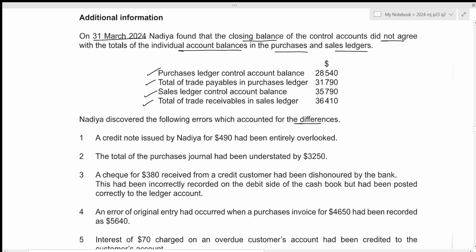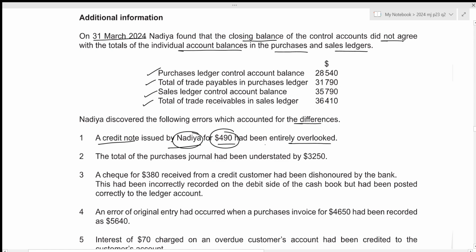The first one is a credit note issued by Nadia for 490 had been entirely overlooked. Credit note will be issued at the time of sales returns, and in this case, Nadia is the one issuing the credit note, which means that this 490 refers to the sales returns and it has not yet been entered into our control account as well as the ledger account. So this will affect the sales ledger control account along with the sales ledger balances.